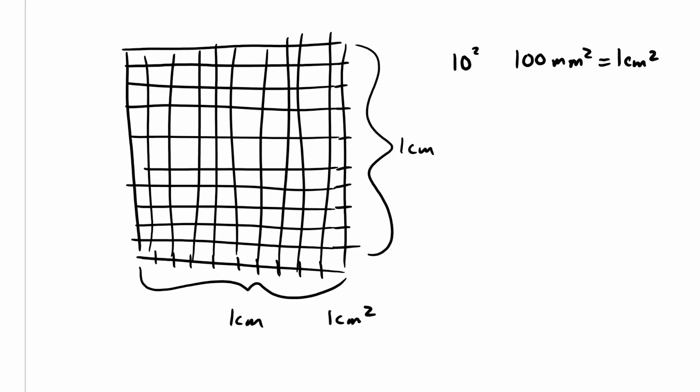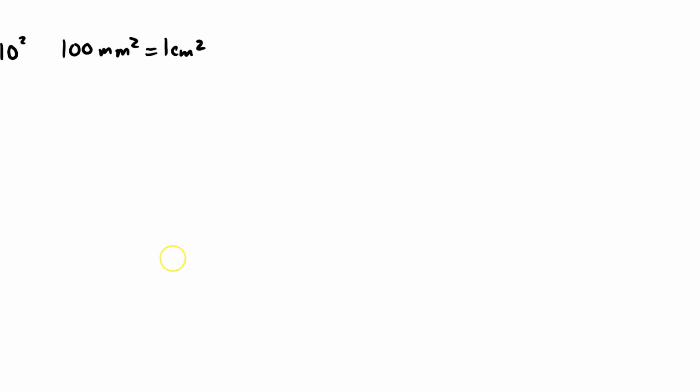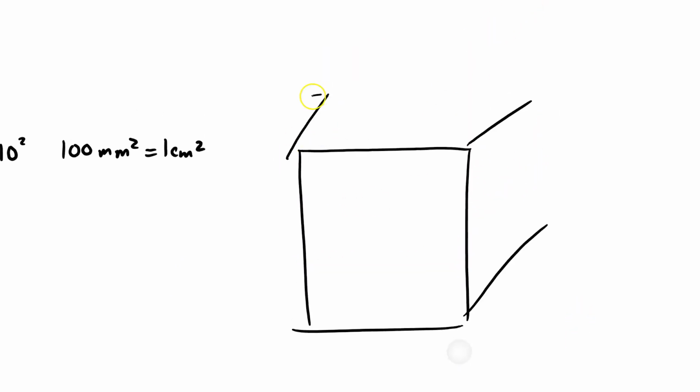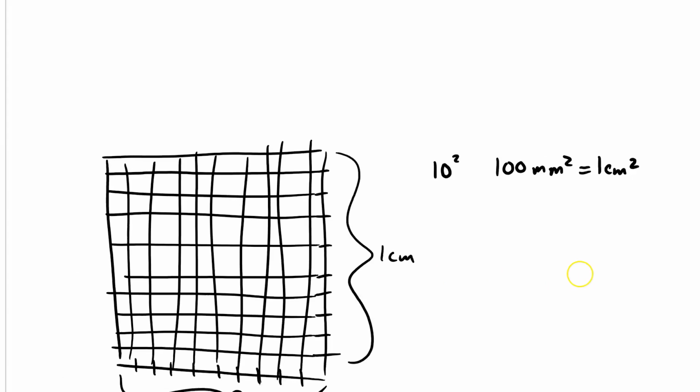Let's extend it. Let's go to cube. So if we have a centimeter cube, this is 1 centimeter, this is 1 centimeter, and this is 1 centimeter. So let's extend what we did here.